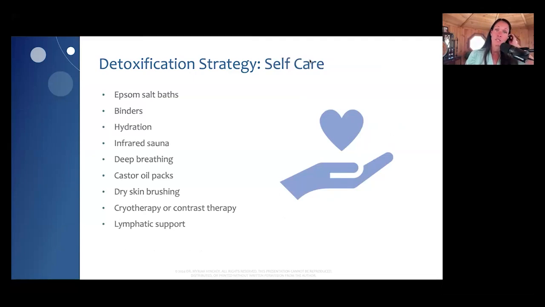So further detoxification strategies, I love these because a lot of these are free. So Epsoms are very cheap. Epsom salt baths, making sure that you are hydrated, doing deep breathing exercises, doing dry skin brushing, doing contrast therapy between, let's say, hot and cold showers, or doing an ice plunge in your bath.